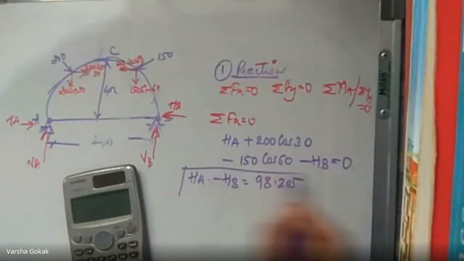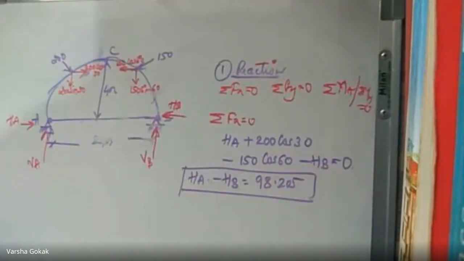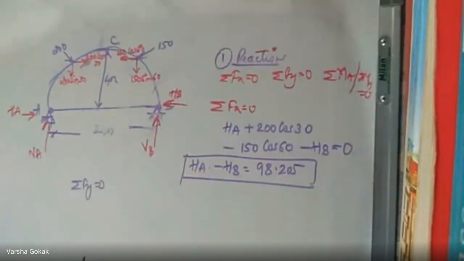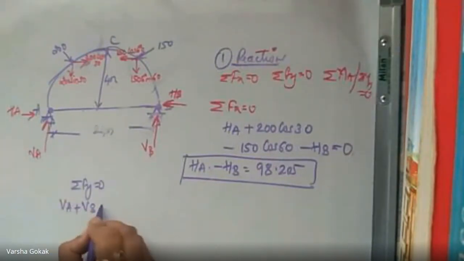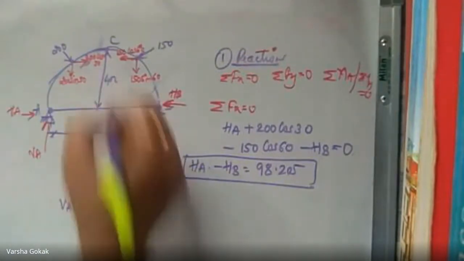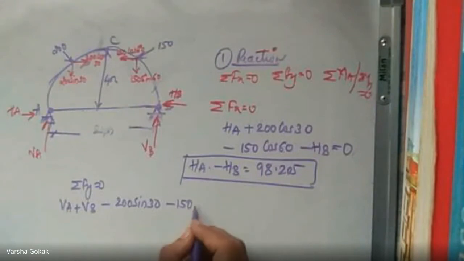So you have a condition HA minus HB is equal to 98.205, right? Okay. Next, take summation Fy equal to 0. So in summation Fy equal to 0, what all do we have? I have VA plus VB minus 200 sine 30 and minus 150 sine 60 equal to 0.